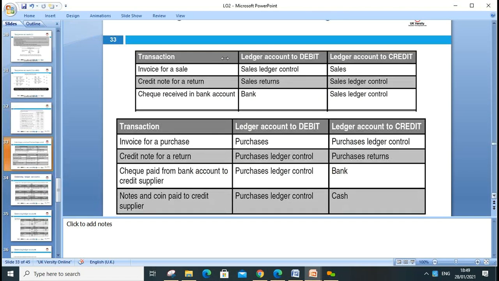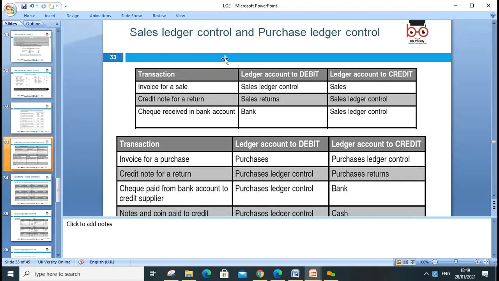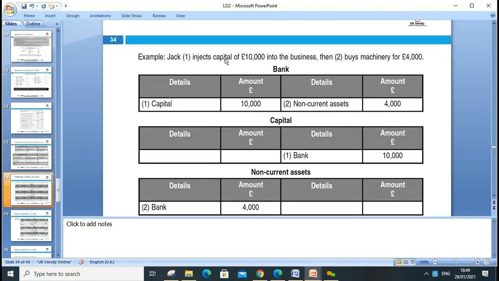From double entries, we can make our ledgers, like the sales ledger and purchase ledger, and from these we can make each ledger account: bank, capital, non-current asset. You will see that's my debit side, that's my credit side. 10 minus 4, it will be my net balance, 6,000. So when I prepare my trial balance, my 6,000 will go on the debit side because my debit side is higher. Okay.